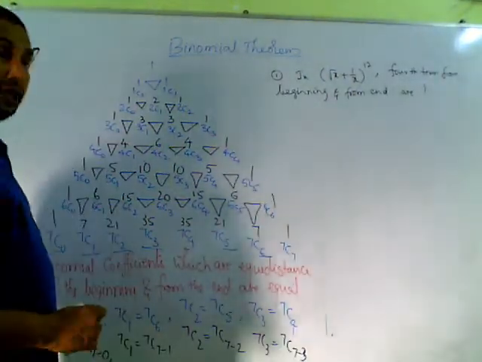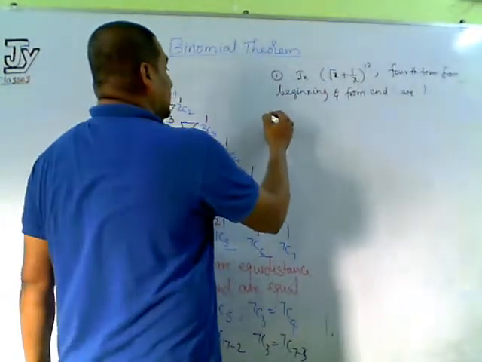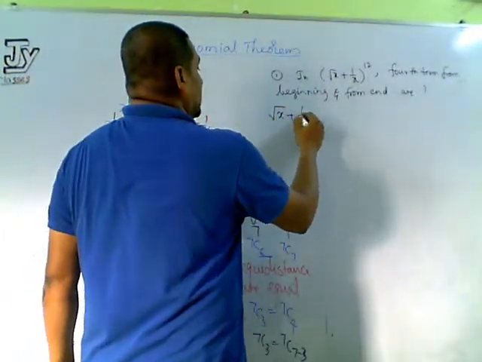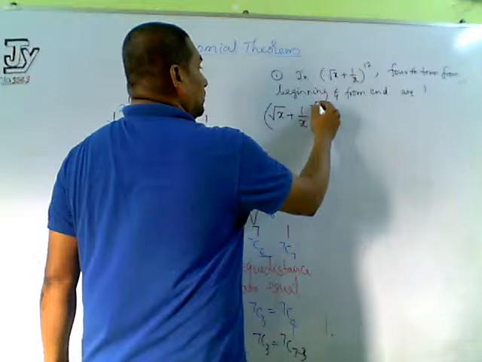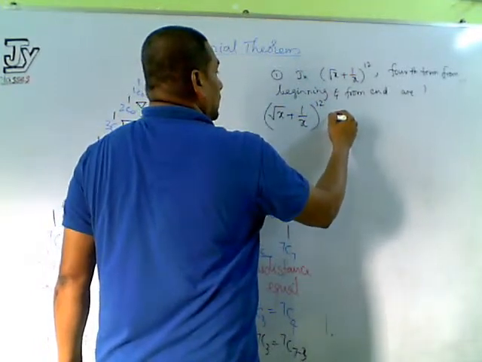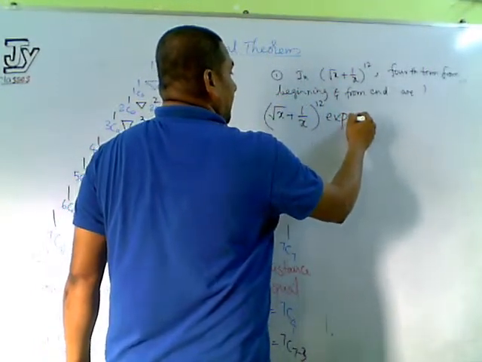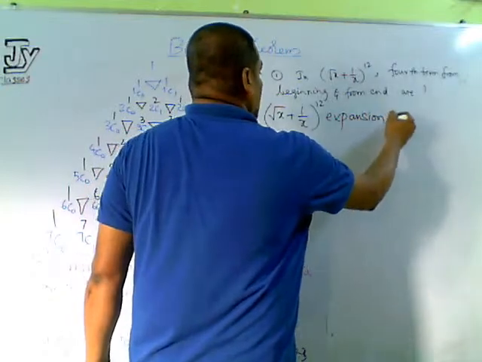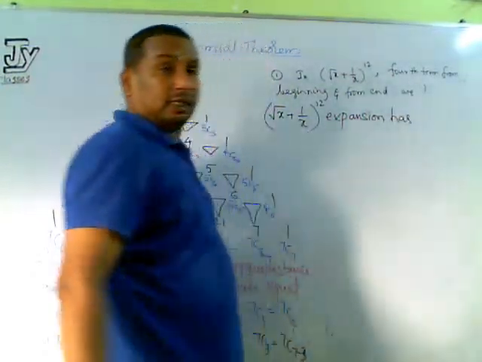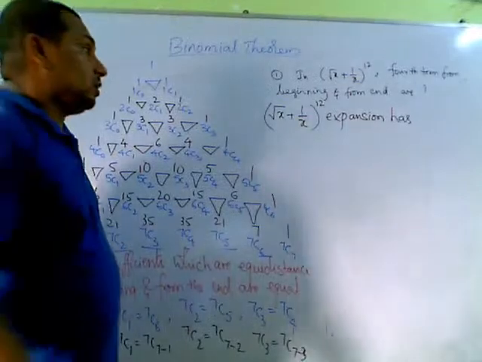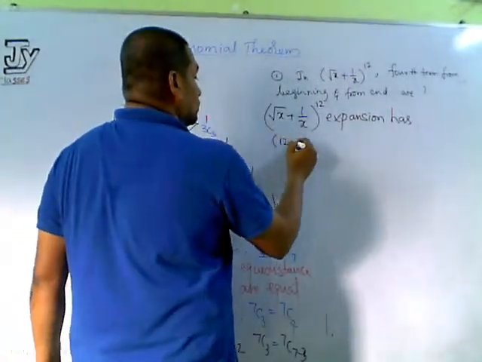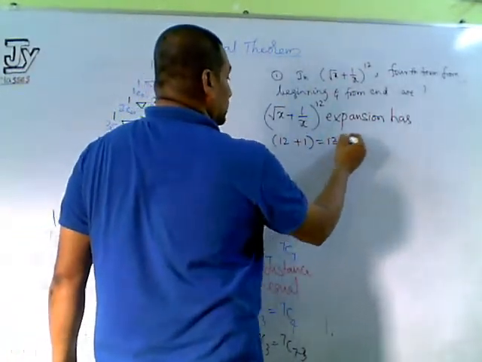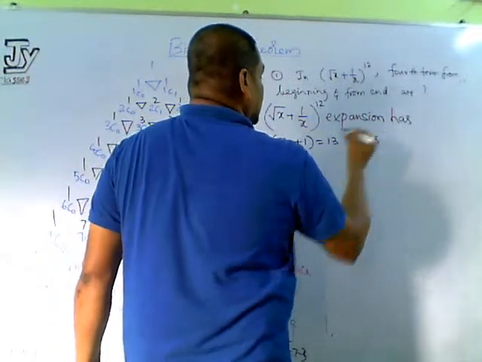So it's a beautiful question. See, (root x plus 1 by x) whole to the power of 12 expansion has how many terms? n plus 1 terms. 12 plus 1, that is equal to 13 terms.